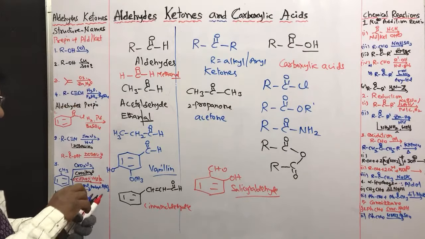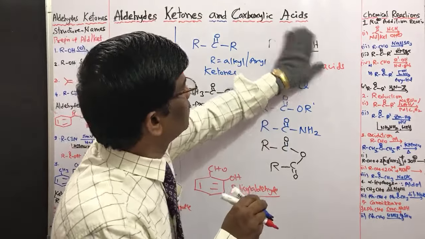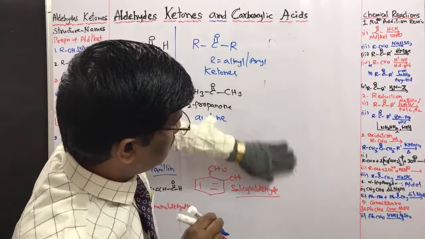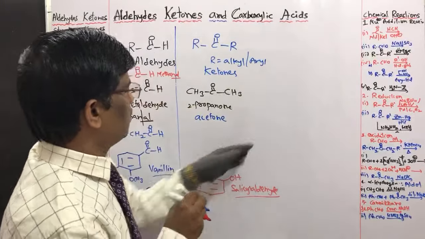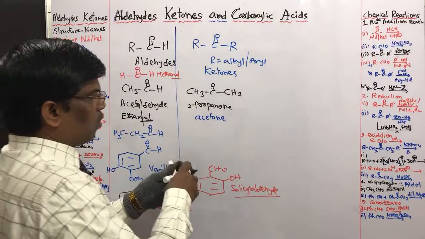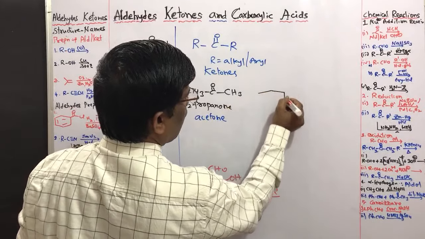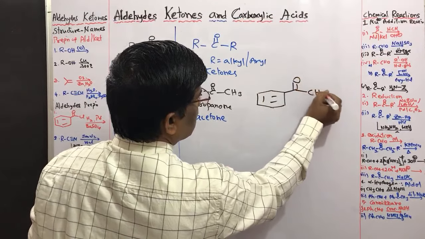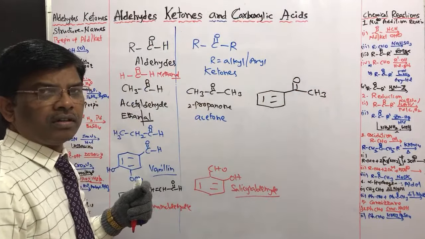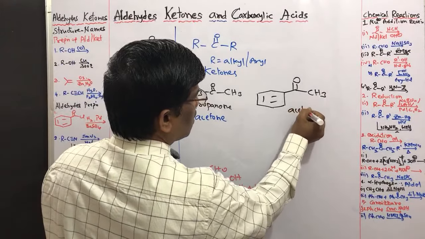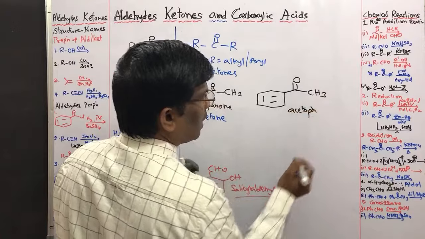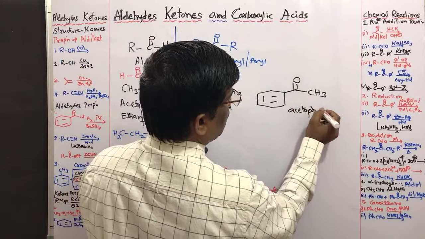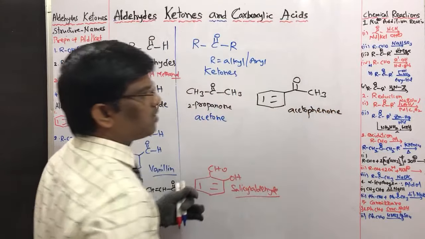When it comes to ketones, this is acetone, and it can have a benzene ring on one side, and this is acetophenone. Though each compound has an IUPAC name, commonly these ketones are known by their common names.